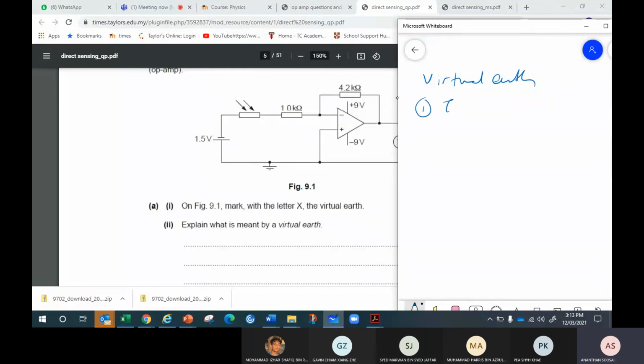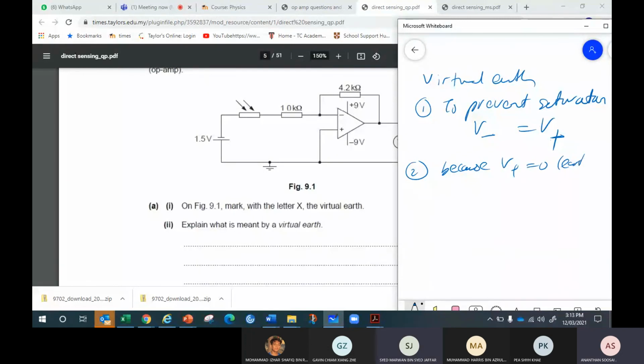First point is to prevent what? To prevent saturation. And to prevent saturation, V negative must be same as V positive. So second point, because what? Because V positive is 0 because earth. So another 1 point missed out. What is the first point?